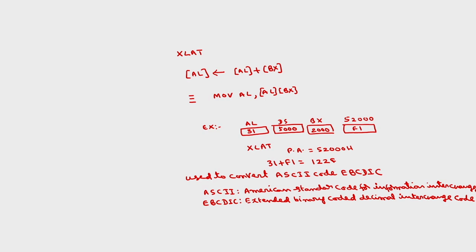ASCII is a 7-bit code. You might have heard about the ASCII keyboard. What is meant by the ASCII keyboard? Each key will be coded by ASCII code. This ASCII code is a 7-bit code. We have an 8-bit code also.